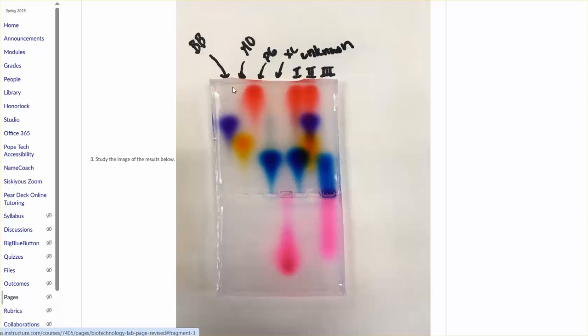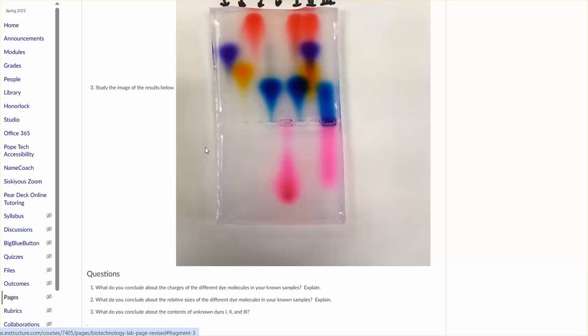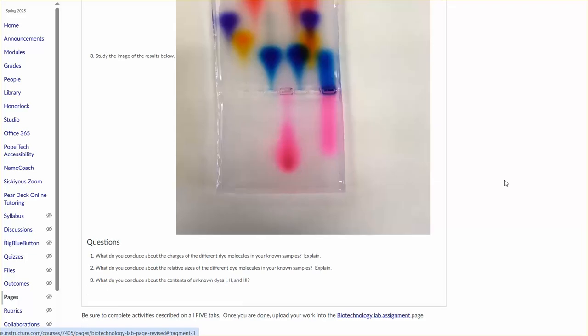Your next step is to answer the 3 questions below, and those are asking you to interpret this gel. So using what you know about gel electrophoresis, tell us what were the charges of the different molecules, and tell us the relative sizes of the different dye molecules. Also, tell us what was in the 3 unknown mixtures, which of the original dyes.